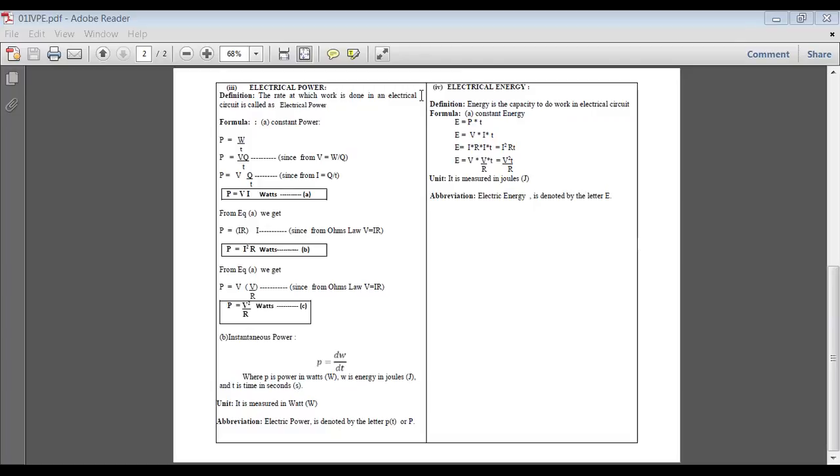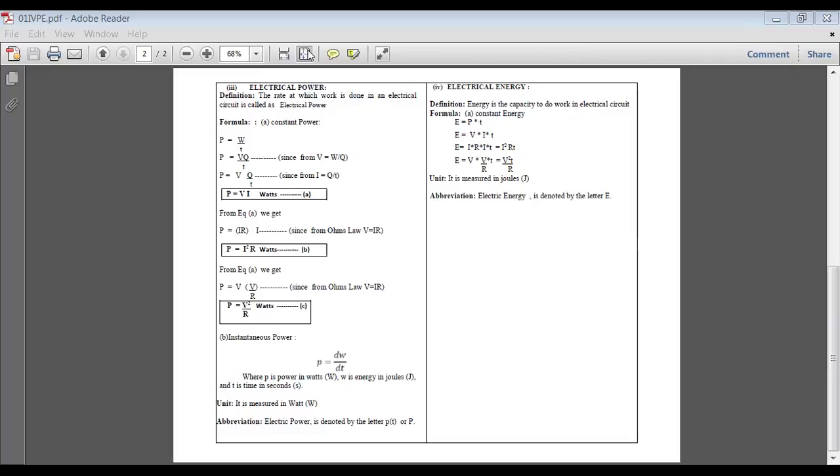So once again I want to revise the topics: current, voltage, power, energy. You have to remember the formulas first.